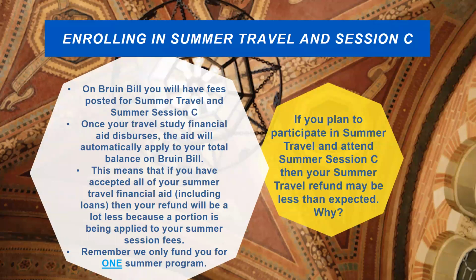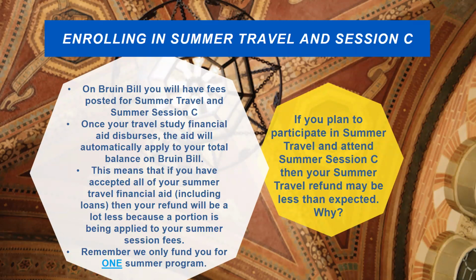And let's say your summer travel program is only $3,000 for program fees. So $5,000 is going to go through, and in a normal situation, the $5,000 would go through, it would pay off the $3,000, and then you would get $2,000 back to help pay for your travel or for whatever else you wanted to.